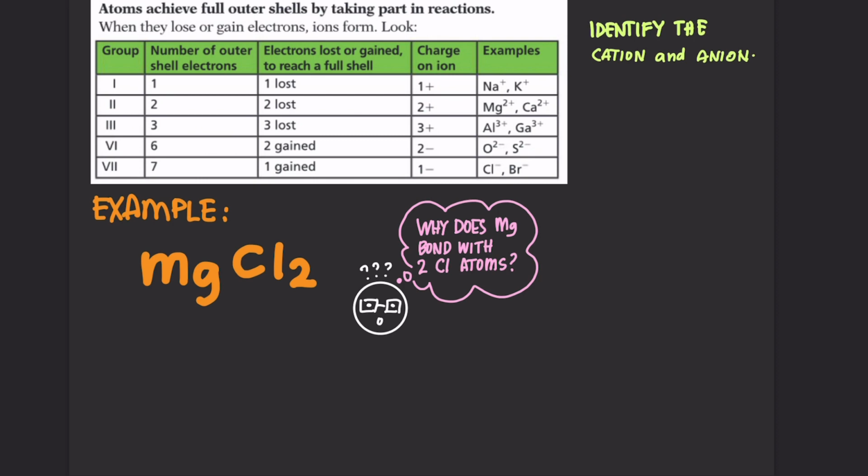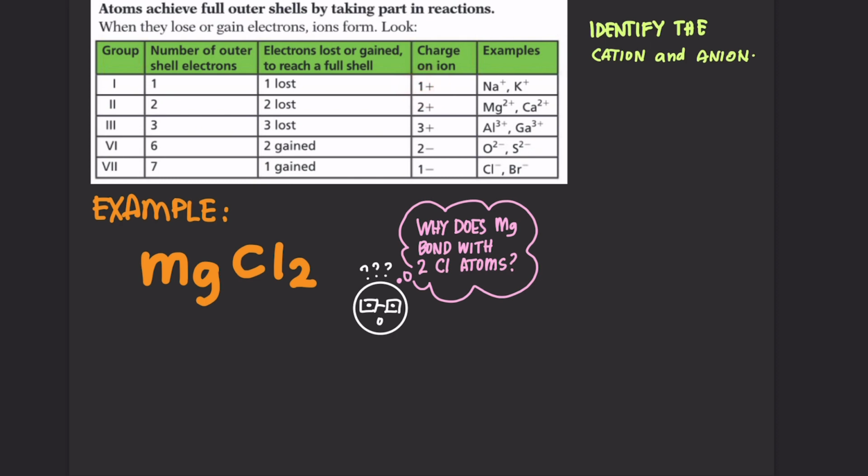Okay, so let's look at group 1. Group 1 has 1 electron in the outer shell. Therefore, it can give away or lose 1 electron. And when that happens, there will be one more proton than electron. That's why the charge is 1 plus.